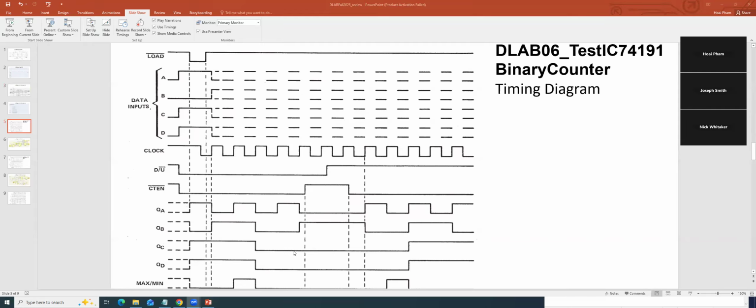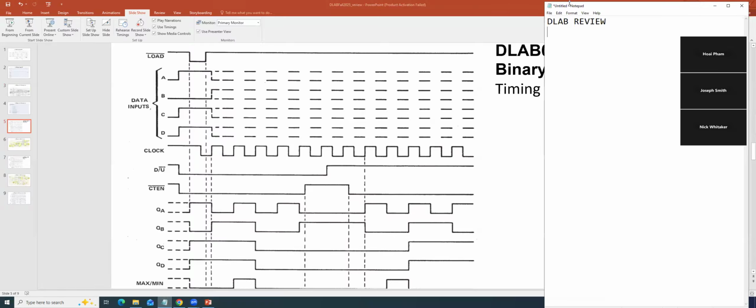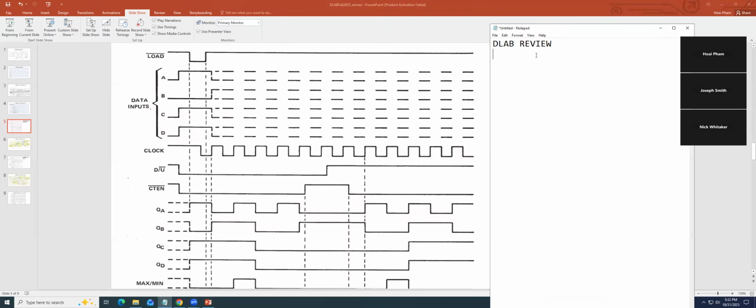Okay. Now, if you want to load, then load has to be 0, it's got to be low. Okay? So they can tell you, number one, get load.